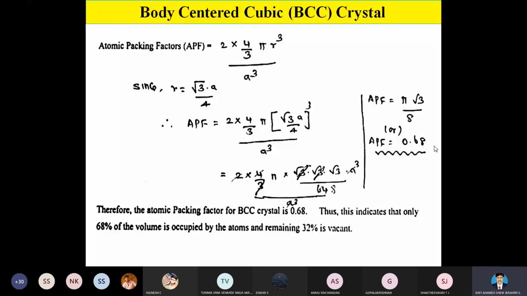Then you can write the conclusion: in the BCC crystal structure, only 68% of the space is occupied by atoms and the remaining 32% is vacant. So this is the conclusion for the BCC crystal structure.